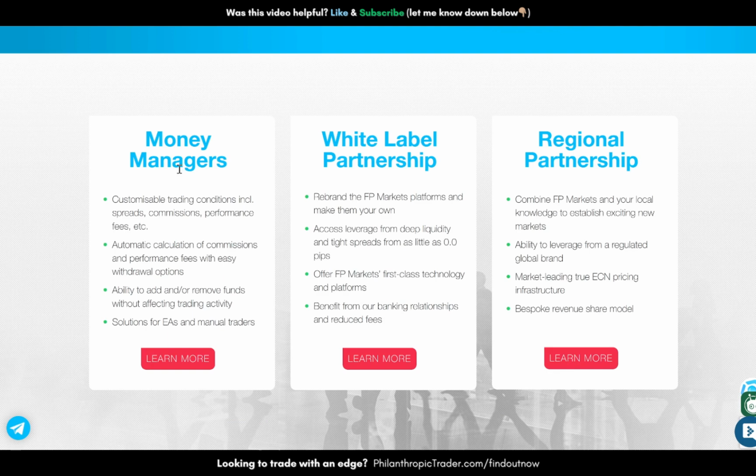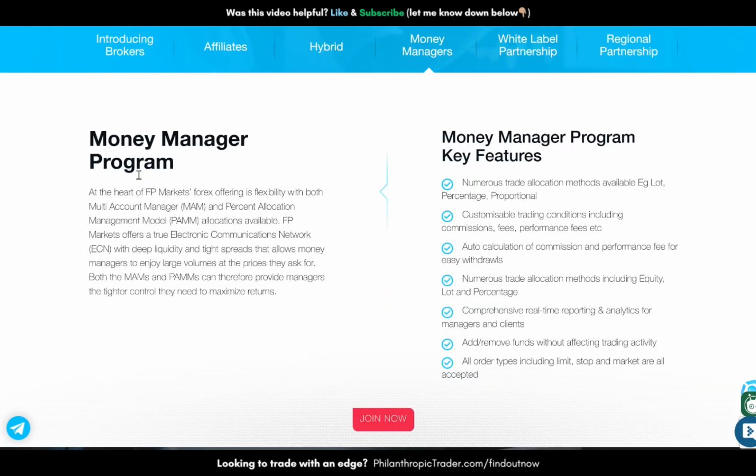Then we also have the money managers over here. Basically it comes down to owning a MAM, multi-account manager, or a PAM, which is a percent allocation management model. If you use EAs, for example, you can refer people to the broker, and all the trades that you take with the EA will be copied to the people that you signed up, right?